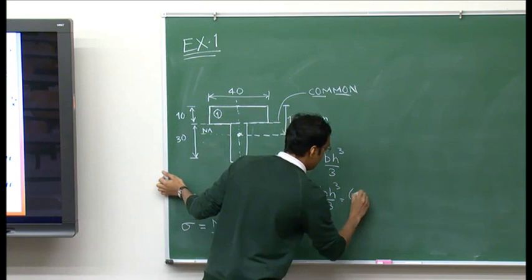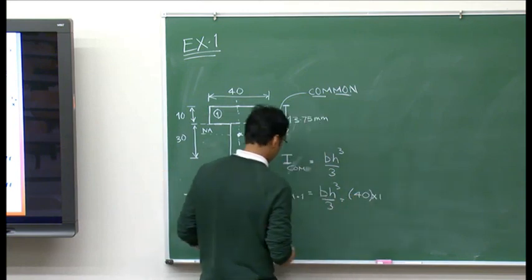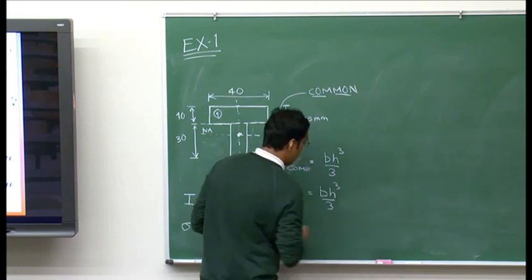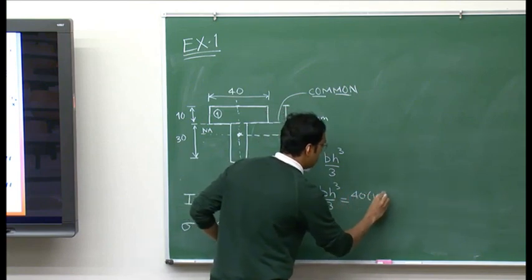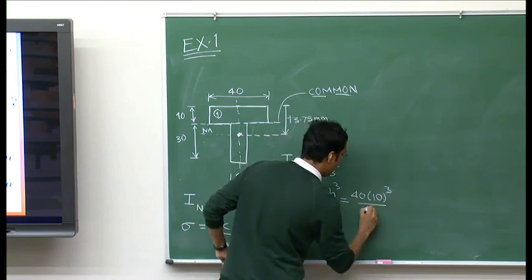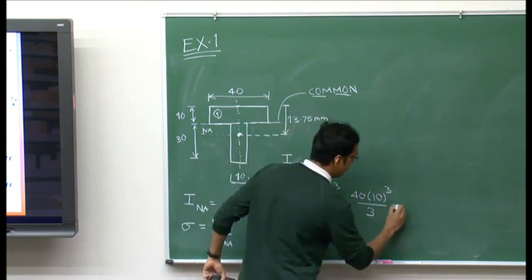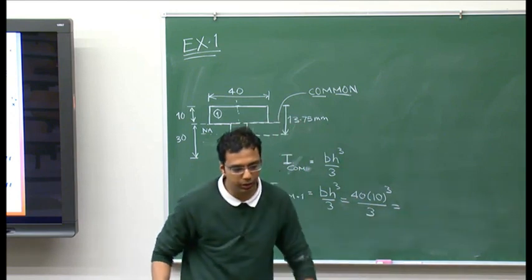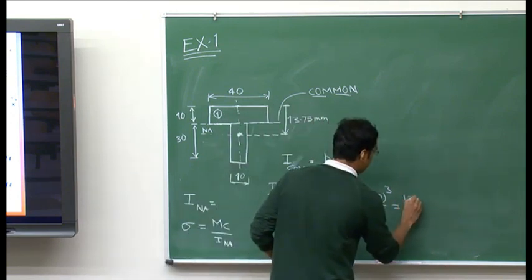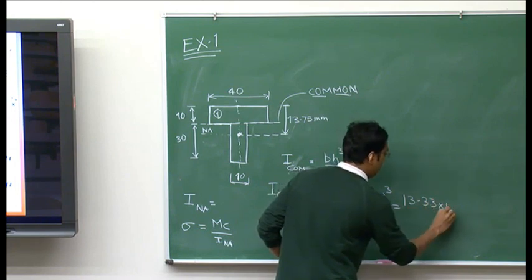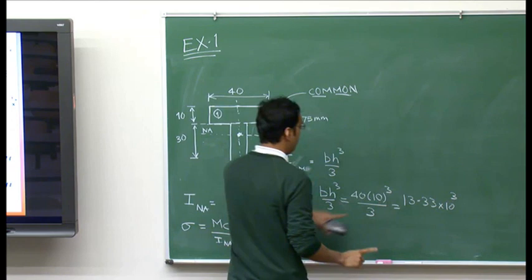So 40 into 10 cubed over 3. This gives you, I don't know the number, but I think it is 13.33 into 10 to the power 3.